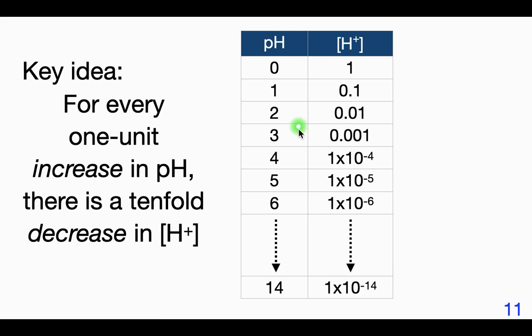If you were to compare a solution that had a pH of 4 to a solution that had a pH of 2, the pH 2 would have 100 times the concentration of pH 4, being 10 times 10, 100.